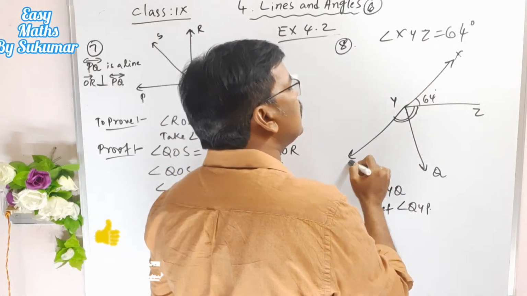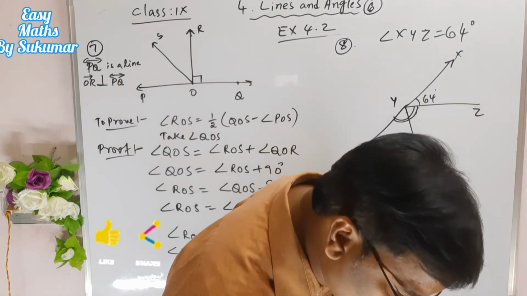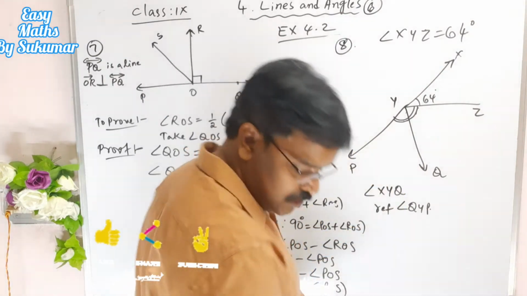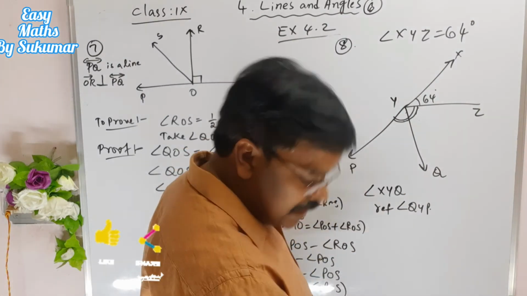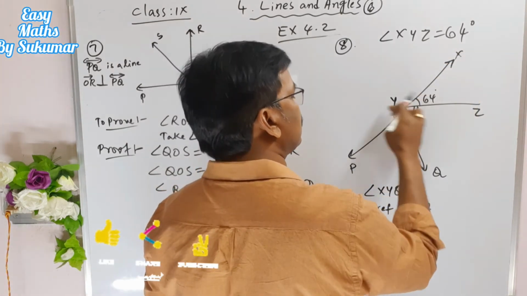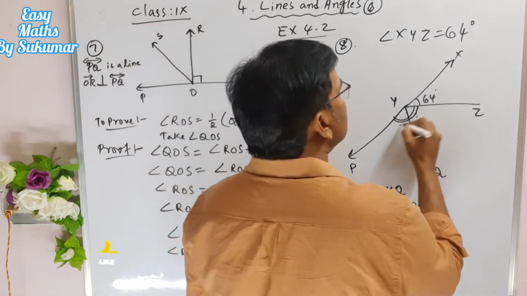This angle PYZ. YQ is the bisector of angle ZYP. PYZ or ZYP, both are same, right? Now here we have to find the angle XYQ. See my dear students, here these two angles are given equal.